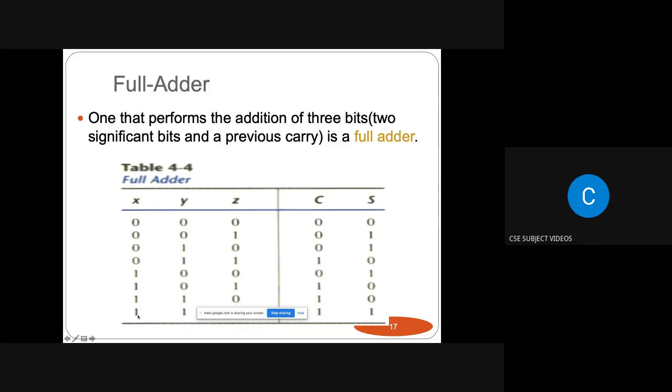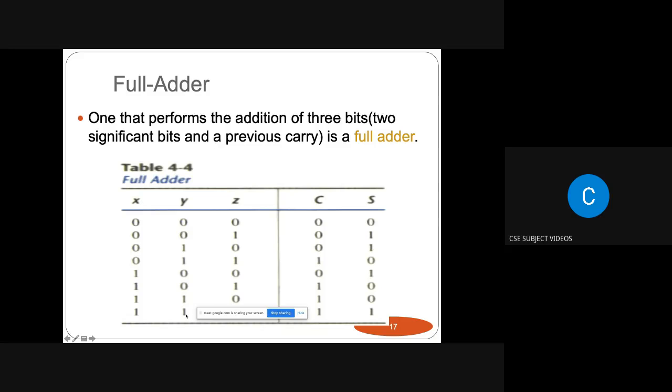Suppose we are considering the 1, 1, 1 input. 1 plus 1 is partial sum 0 with carry 1. And here you have another 1, and also we have to add the carry bit, carry 1, with this one. So 1 plus 1 is 0 with carry 1.